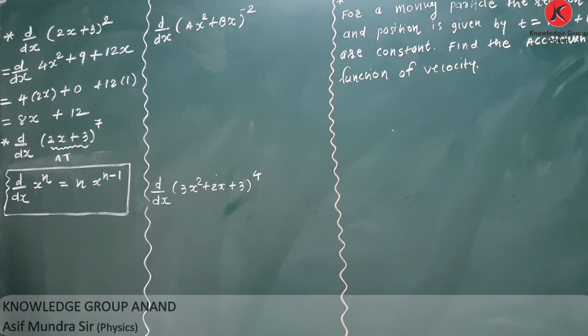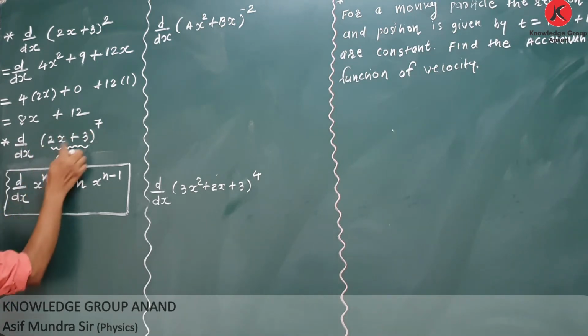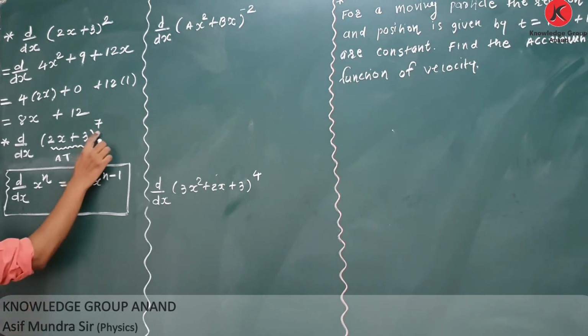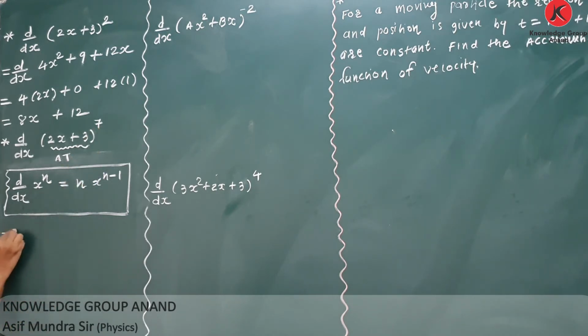See how to apply. d upon dx of (2x plus 3) whole raised to 7. The term in the bracket is called the additional term. How to find it? First of all, 7 as coefficient. Then 2x plus 3 as it is, and decrease one power, means it is 6.